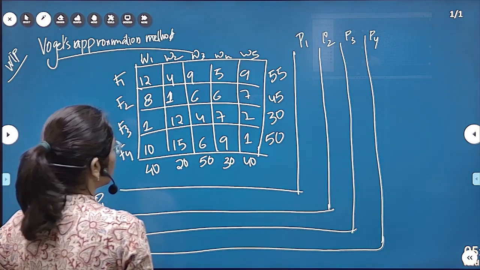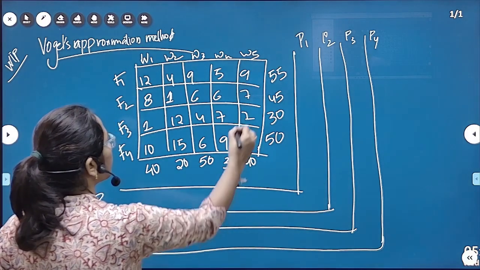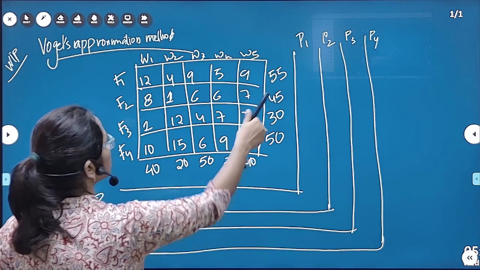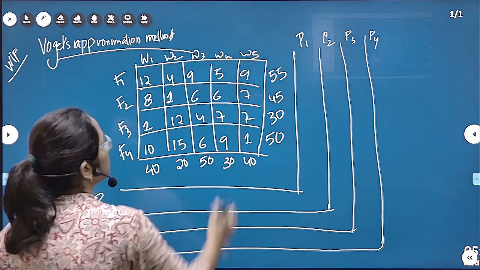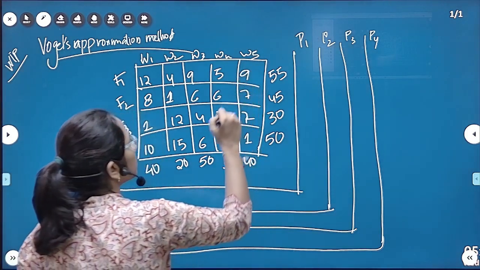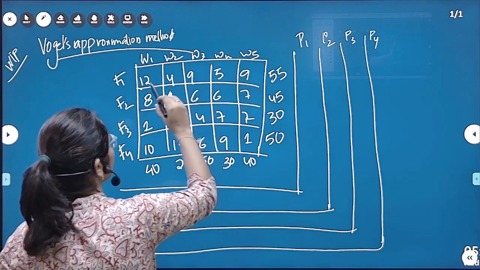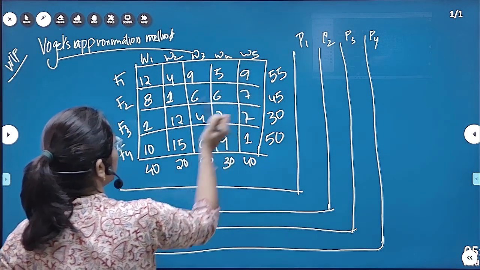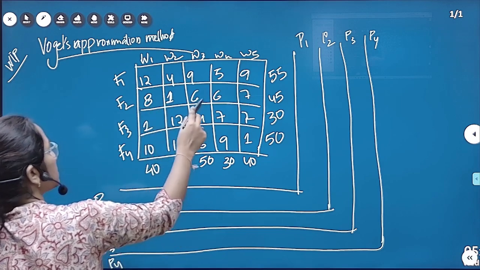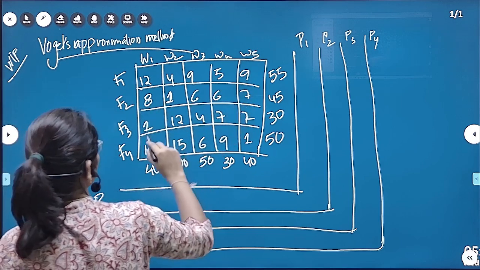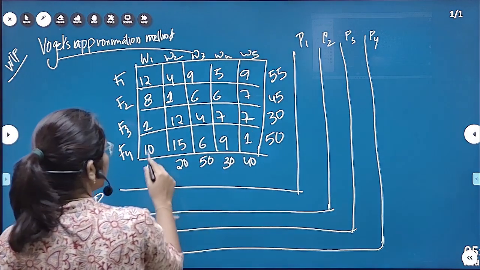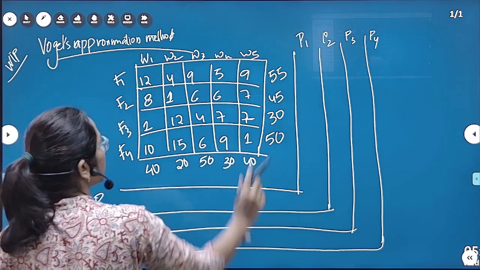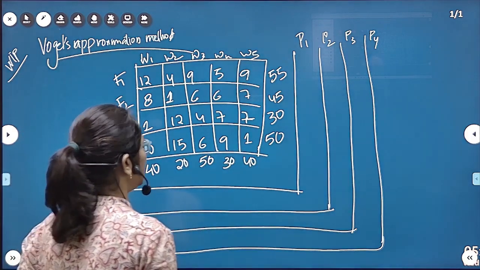This is 55 and 45, and this one is 9. So: 12, 4, 9, 5; 9, 8, 1, 6; 6, 7, 1, 12; 4, 7, 7, 10, 15, 6, 9, 1. Clear everyone?